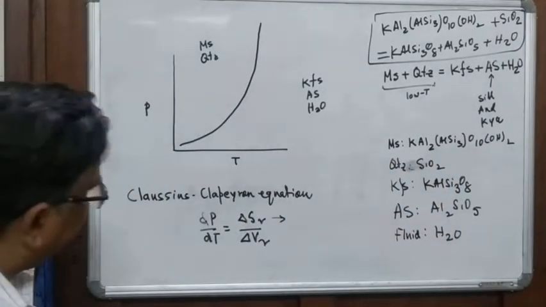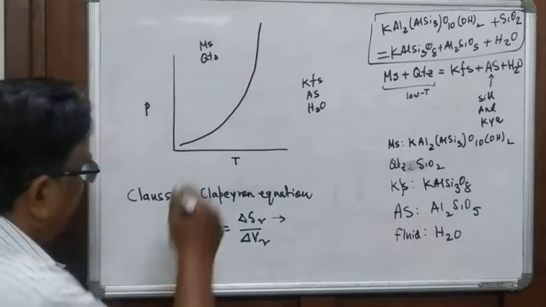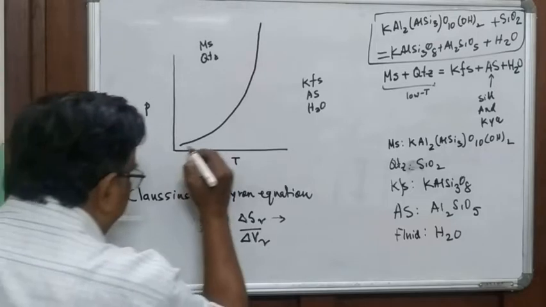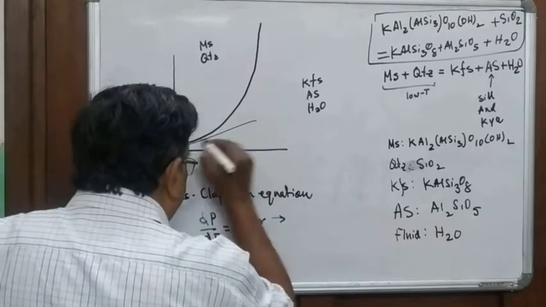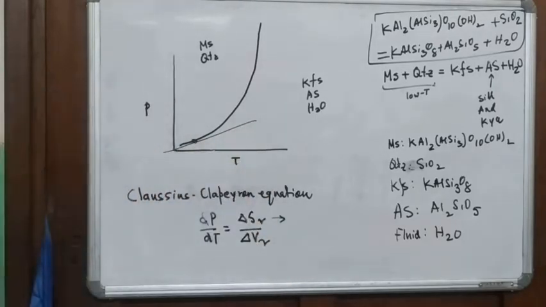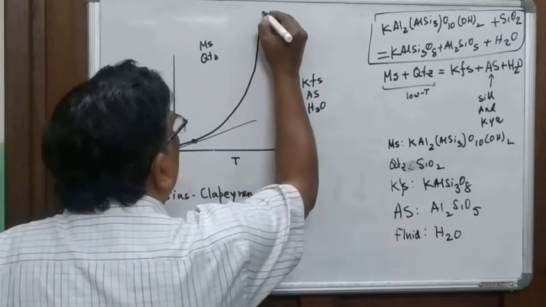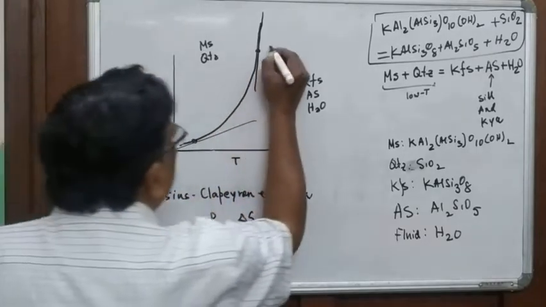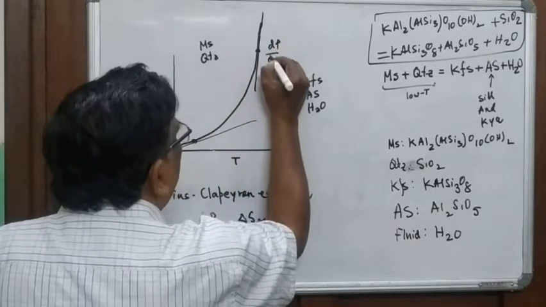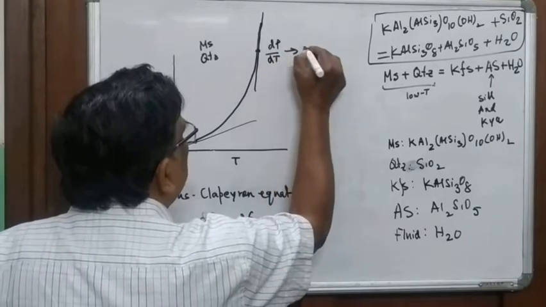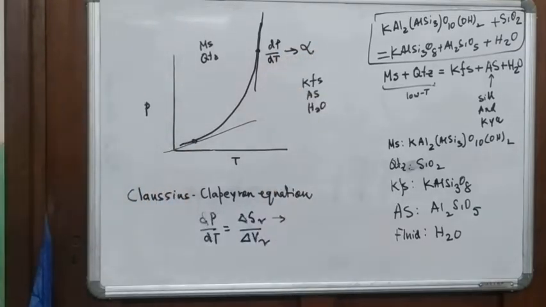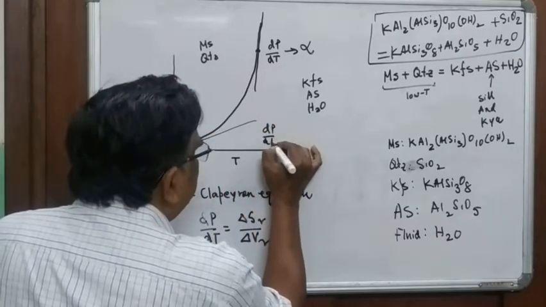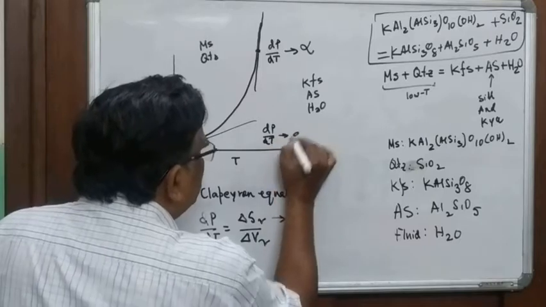So you see here, if this is the nature of the curve, and if I draw a tangent at this point, and if I draw a tangent at this point, you can see here dP/dT tends to infinity. Whereas if I take it here, dP/dT tends to 0.